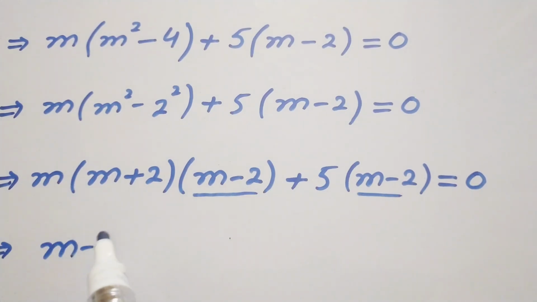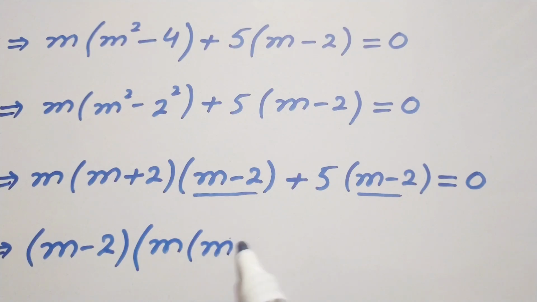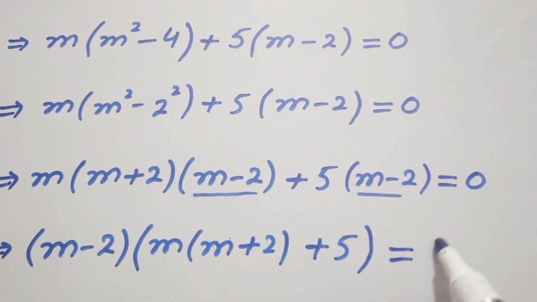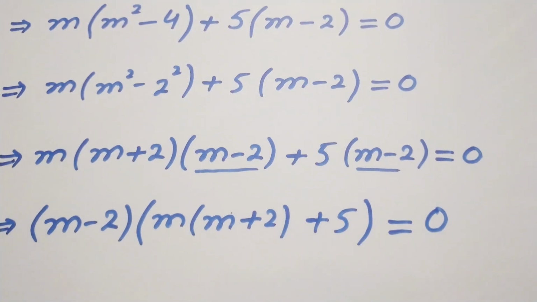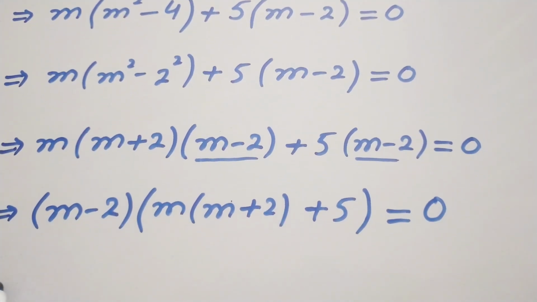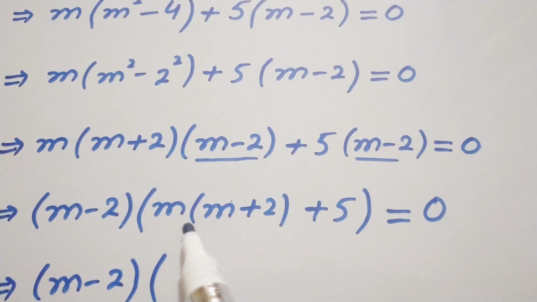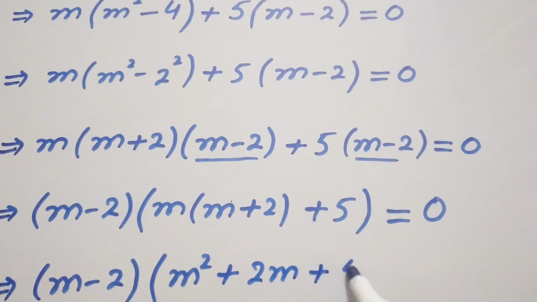Take it common, m minus 2, and inside m into (m plus 2) plus 5, this is equal to 0. This implies (m minus 2) multiplied by (m square plus 2m plus 5) is equal to 0.